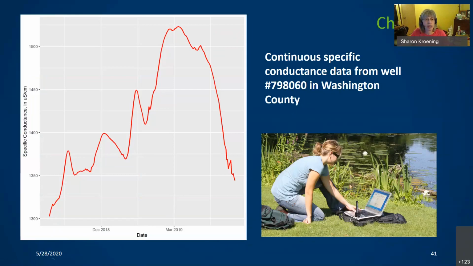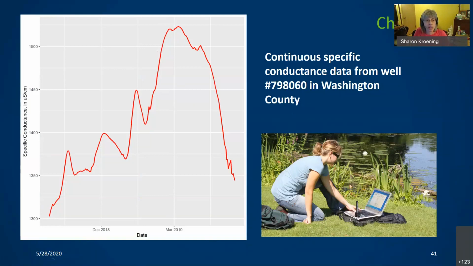As you can see, conductance, and likely chloride, doesn't remain the same in this groundwater, but appears to be highest in March, which is during the spring snowmelt, which can be transporting any de-icing chemicals into the groundwater system.